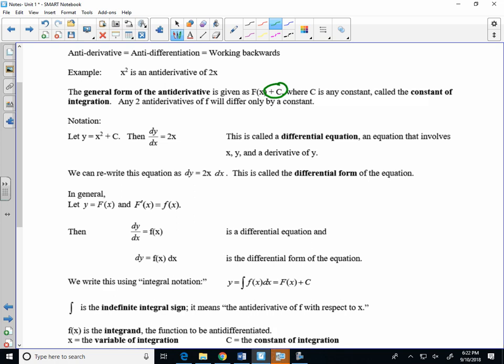So the whole course called differential equations is basically just referring to equations that are in that form. From that form, we can do a lot of different things. That's where that actual course comes from. All right. We could write it as dy equals 2x times dx. That's the differential form of the differential equation.